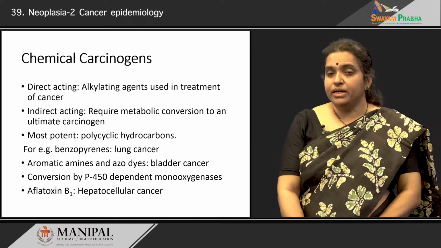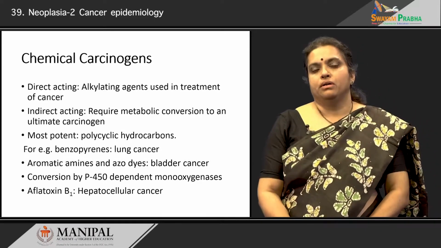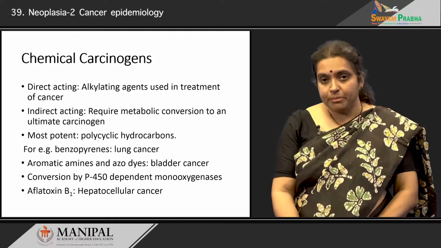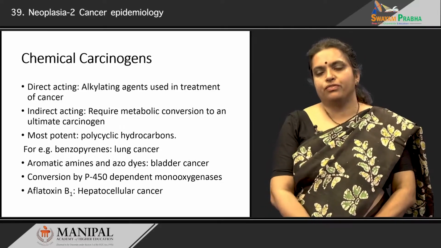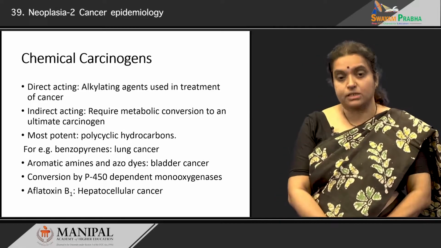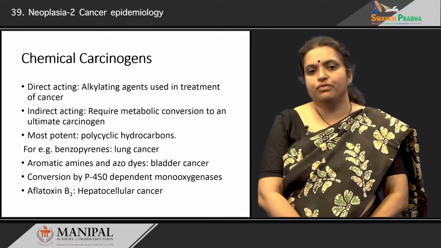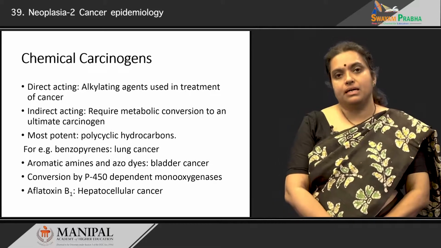So, according to what kind of conversion you are capable of, different individuals have different rates of developing these cancers, although they are exposed uniformly to the same chemical carcinogen.